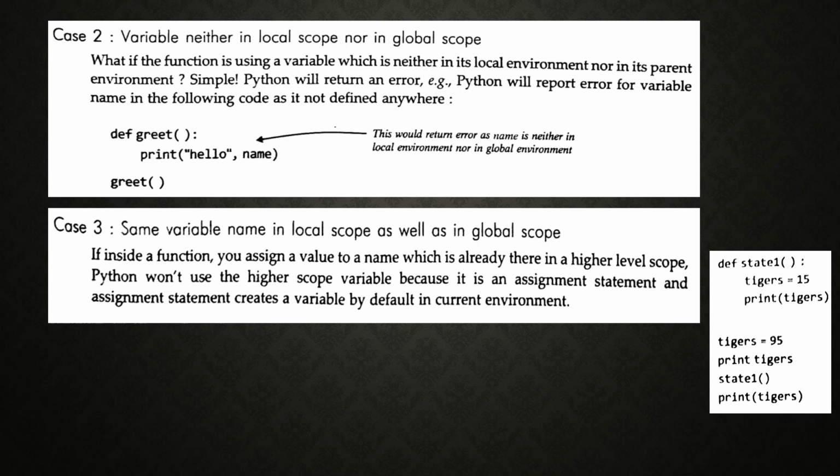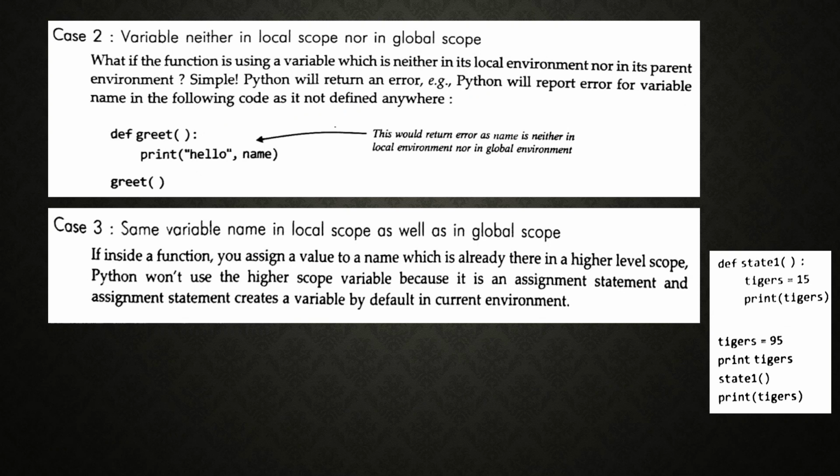Python will report an error for the variable name in the following code, as it is not defined anywhere. See this function, definition greet: print hello comma name. Name is not specified here, only the greet function is specified. So this would return an error, as name is neither in local nor in global.